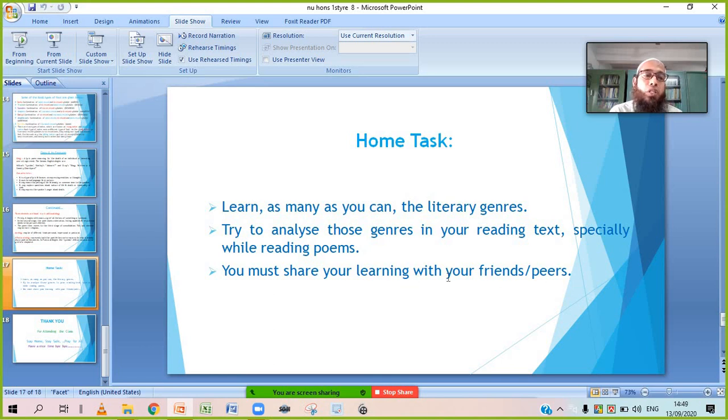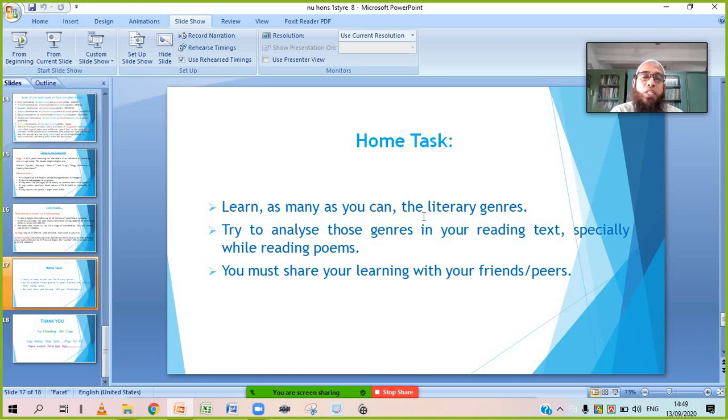That is very much important, because at this moment, though you are not getting regular classes, somehow you have contact with your friends. So share your learning with your friends. That will develop your learning. That will increase your skills, reading skills, learning skills. So after doing your work, you must share your learning with your friends.